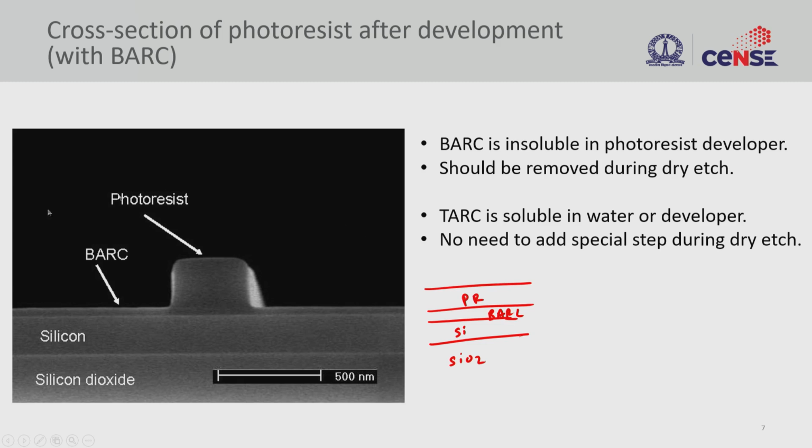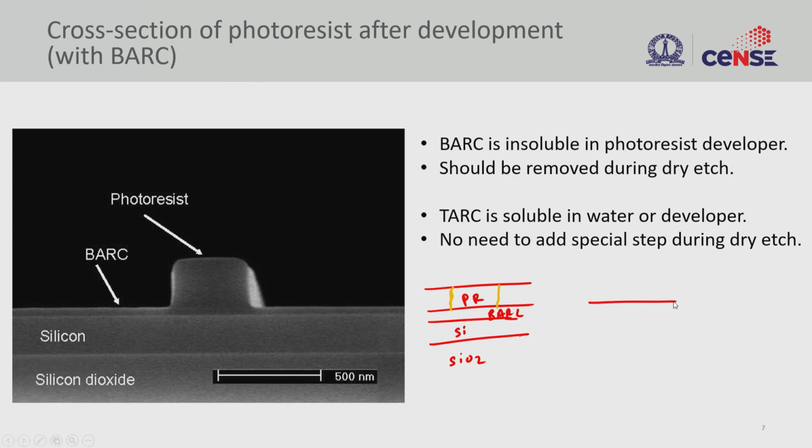So, you illuminate it with a light source, and that would create this particular pattern here, and then once you have a particular pattern, you are going to develop this, right.